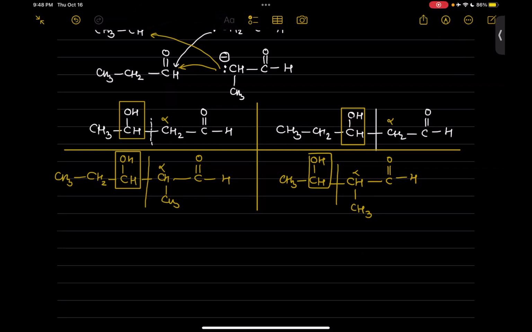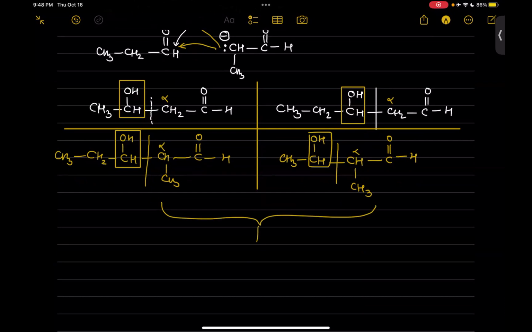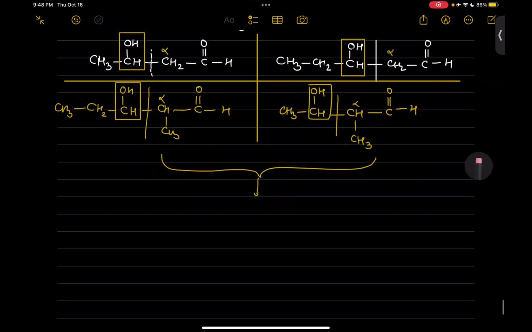And if heat is given, you are going to remove the OH and H, you are going to remove the water. So the final products are going to be like this.